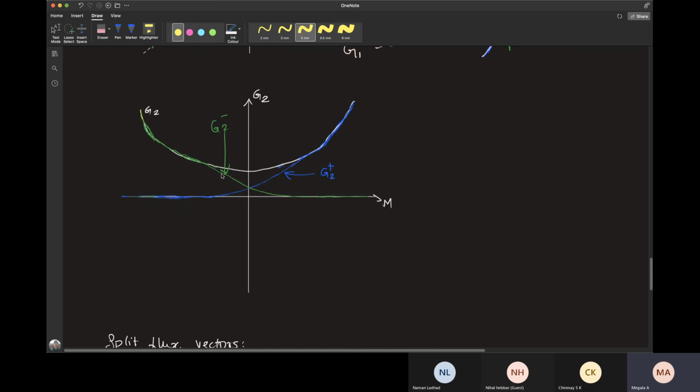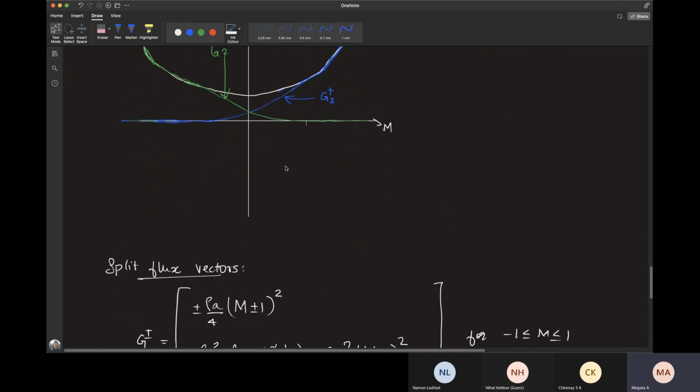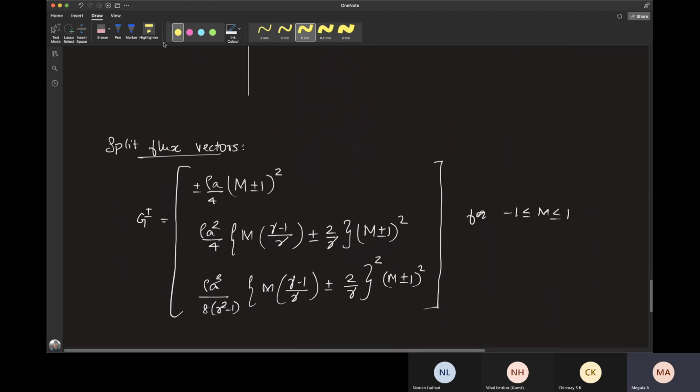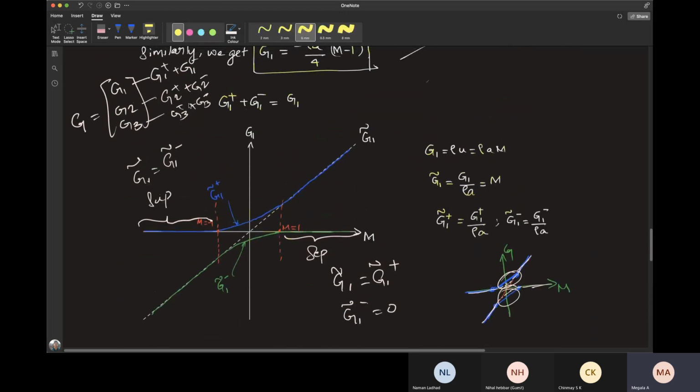I have drawn it in a non-smooth manner, but it's actually a smooth variation. G2 is quadratic, whereas G2 plus and G2 minus are cubic. So you avoid discontinuity here. You ensure smoothness over here. Okay, similarly, you do it for G3 as well.